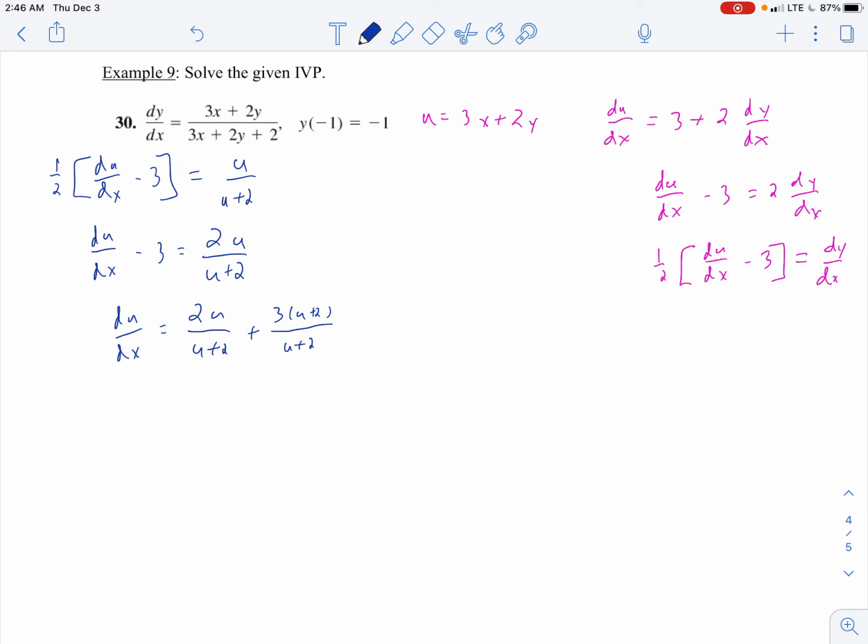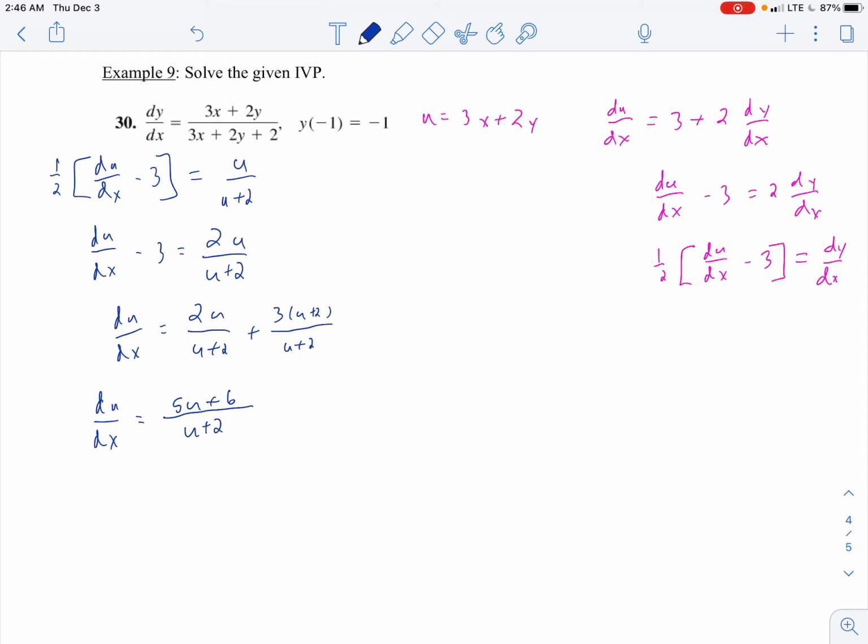Get a common denominator, that way I have just one fraction on the right-hand side. So du over dx is equal to, I have 2u plus 3u, which is going to be 5u, and then plus 3 times 2 is 6 on top. On the bottom I have u plus 2, and now I can do separation of variables.